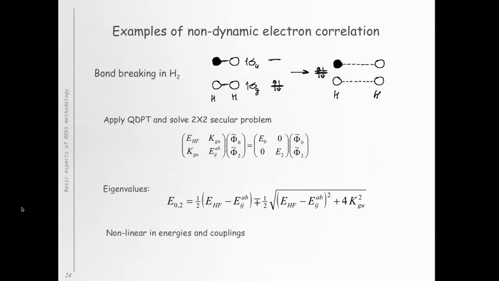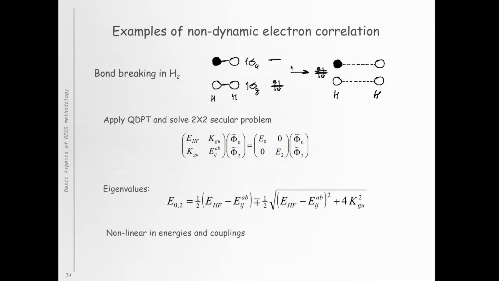If we apply this quasi-degenerate perturbation theory to our two configurational problem for the hydrogen molecule, with the sigma g orbital doubly occupied or with the sigma u orbital doubly occupied, then we will have a simple 2x2 secular problem. EHF is the energy of this electronic configuration. EAJAB is the energy of this configuration with the doubly occupied sigma u orbital. And K is simply the exchange integral between this and that orbital.